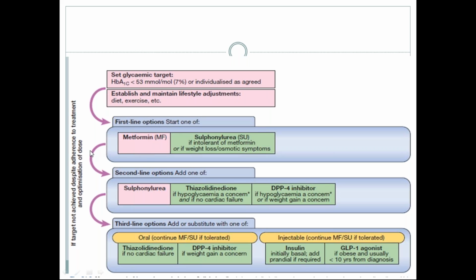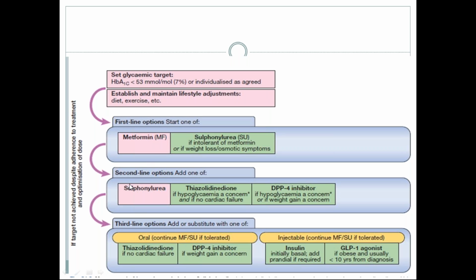If the glucose levels are not controlled even with a single drug, then an add-on drug is given, a sulfonylurea along with a DPP4 inhibitor or thiazolidinedione. If hypoglycemia is not a concern and there is no cardiac failure, thiazolidinediones are usually given. If hypoglycemia and weight gain are a concern, then DPP4 inhibitors are given.